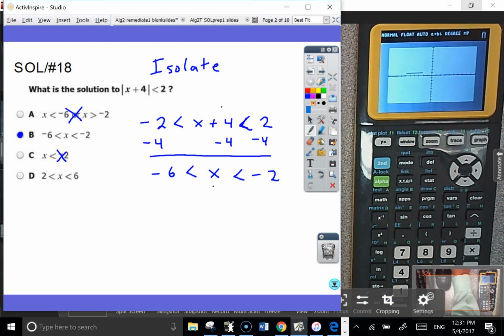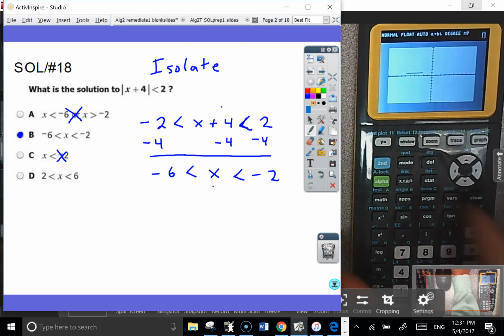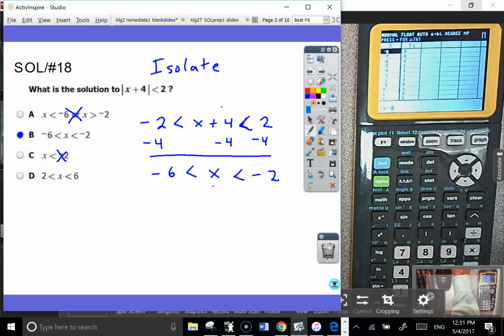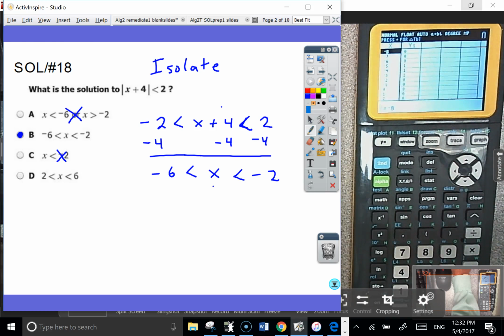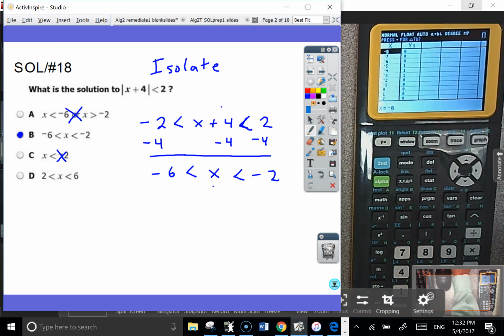Now you could look in the table of values and try to pull it from there. If I go second graph for the table of values, you notice that it says for -5, -4, and -3, it's 1. It's not there for -6 or -2. Why not?